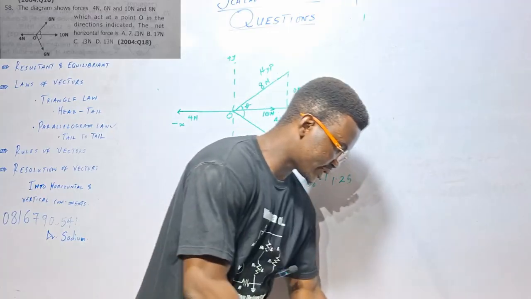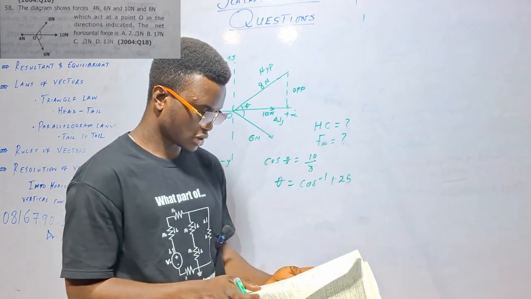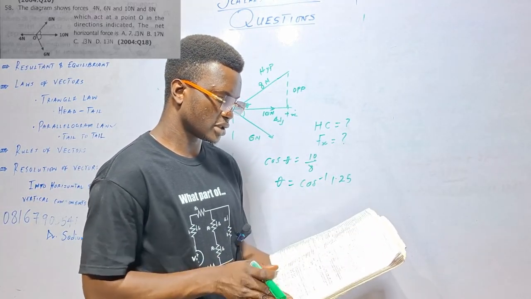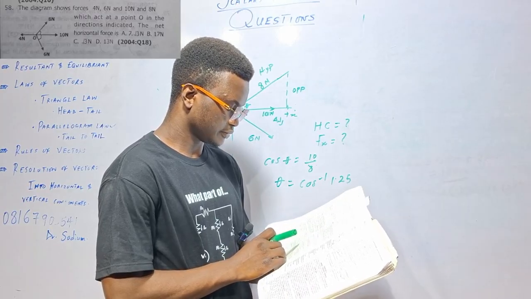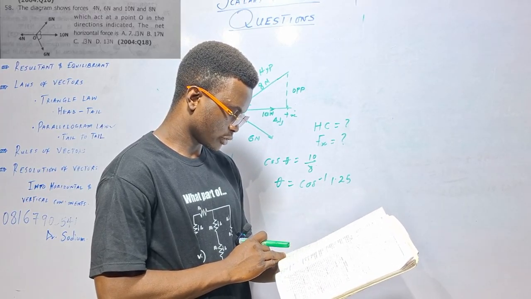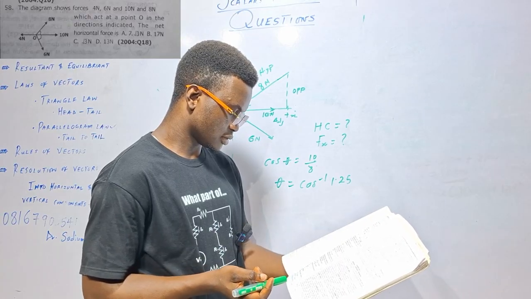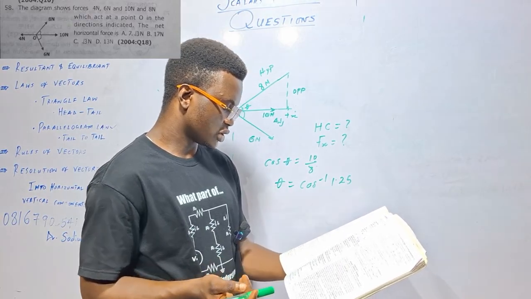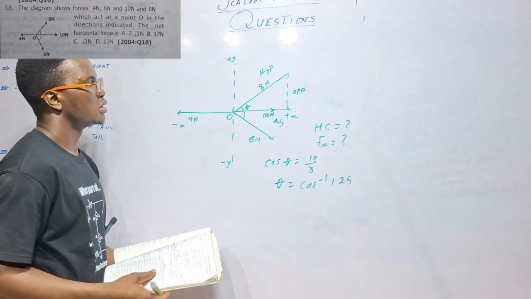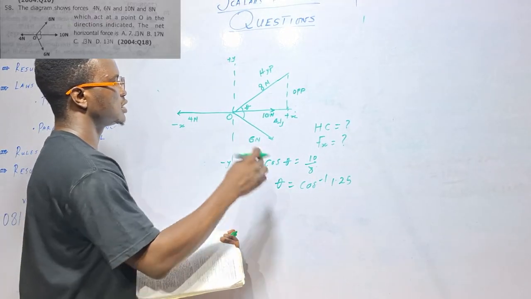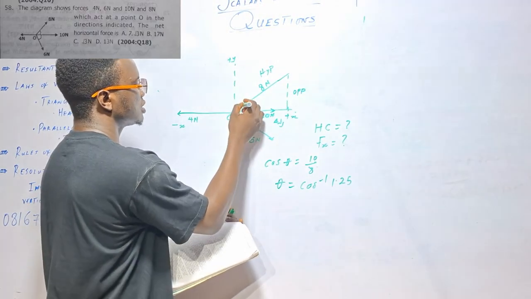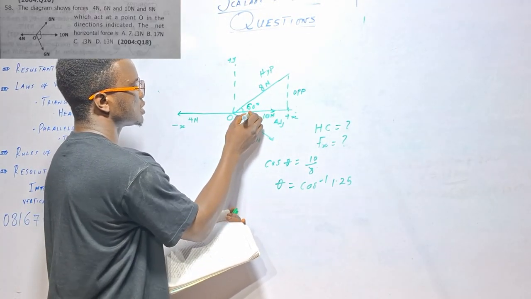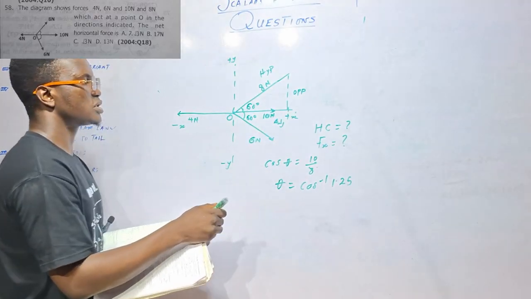So let me see what they used, since they didn't provide it. Can you see? Maybe they just assumed, it's not even an assumption, they just didn't show it, that this angle is 60 degrees and this angle is also 60 degrees.